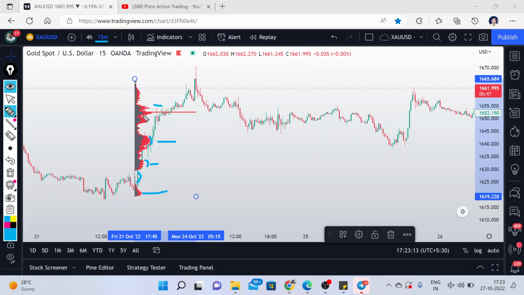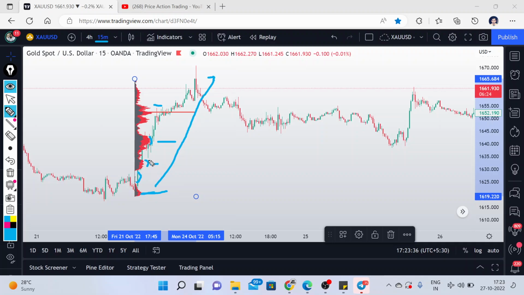This indicates that at that particular price most smart money players and most retailers placed their orders. But as you can see, the price moved from this lower price to this higher price sharply. So this means they pushed the price from this particular price level to a higher price level.